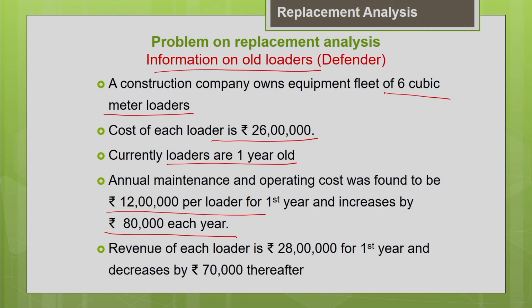The revenue of the loader is rupees 28 lakh for the first year, after which the revenue decreases by 70,000 rupees every year. As the machine becomes older, its revenue also reduces because of the increase in the operating cost of the machine.